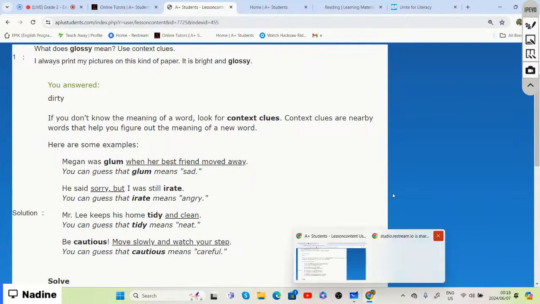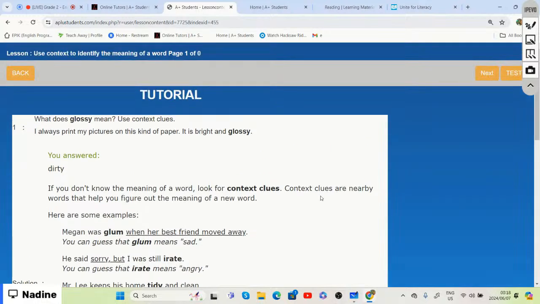All right. And if we look at the sentences, right, it says, what does glossy mean? Glossy. I always print my pictures on this kind of paper. It is bright and glossy. So what does glossy mean within that sentence?